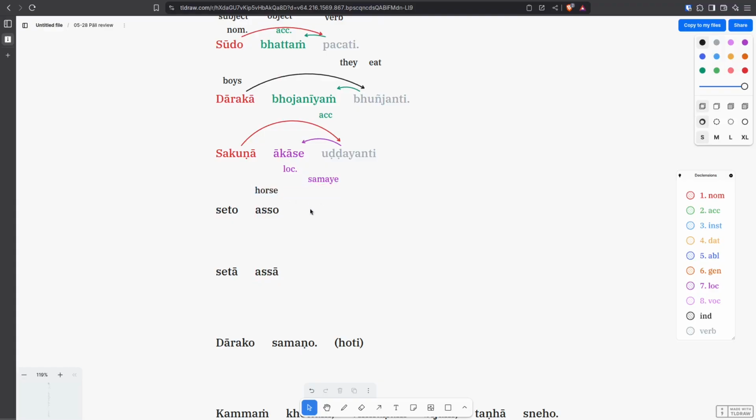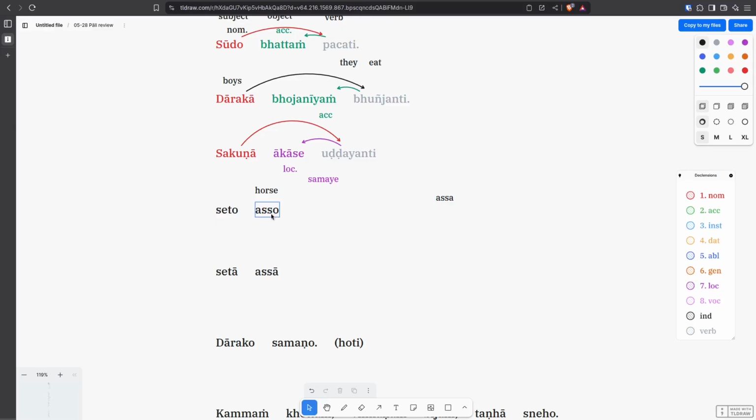Assa is a very difficult word, because if you just see assa somewhere in the sutta, in the text, it's a very irregular word that can have a large number of meanings.